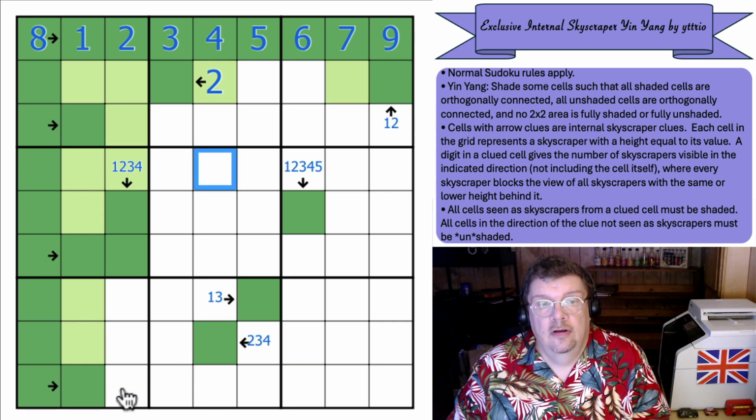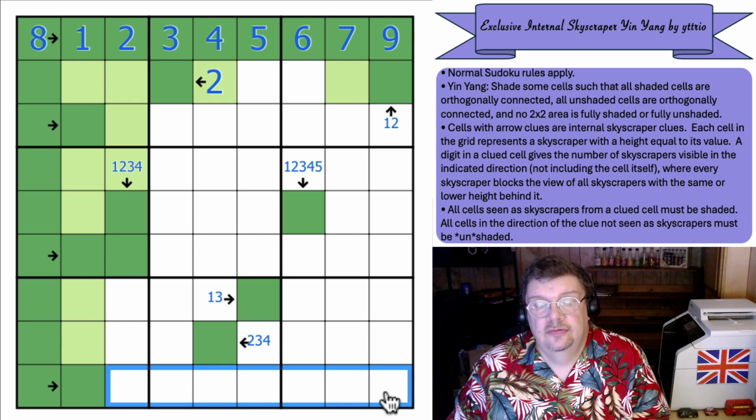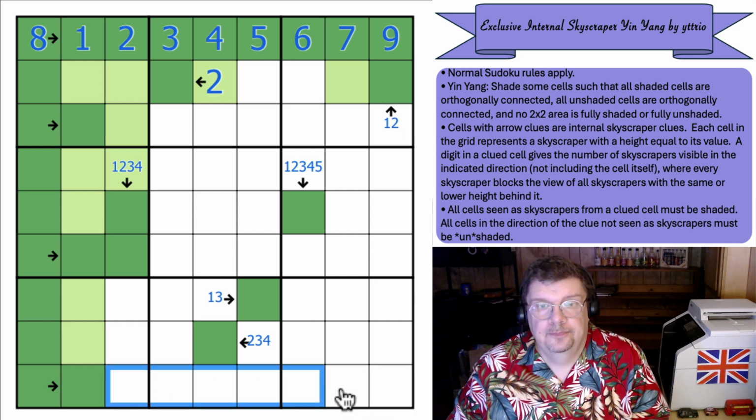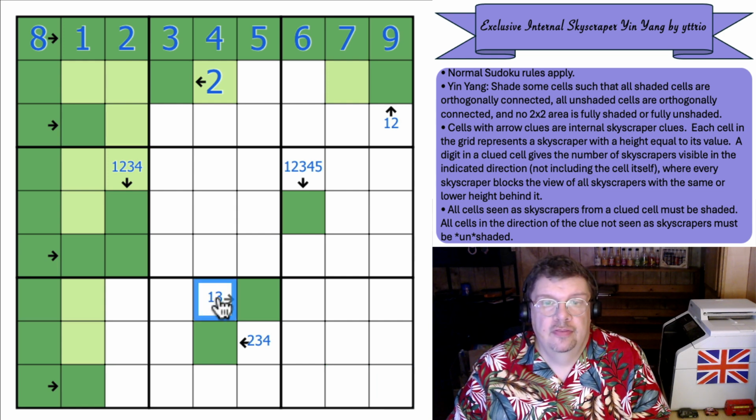Because of, so there's unshading somewhere along here. Yes, there must be at least one unshaded cell along here. And this is a 1 or a 3.